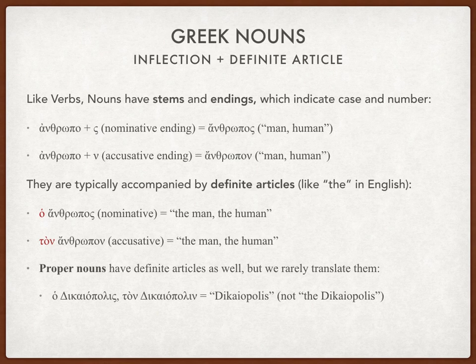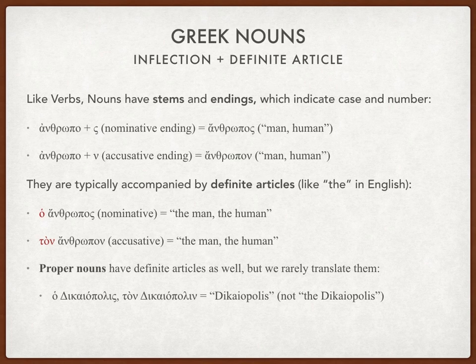Proper nouns, this is also something where Greek looks a little different. Proper nouns, people, places, or things with proper names, cities, people, and so forth, also get definite articles, which looks a little bit weird. So in the very first sentence of your reading this chapter, you're going to be introduced to our main character, ho Dikaiopolis. You can see his name on the left.